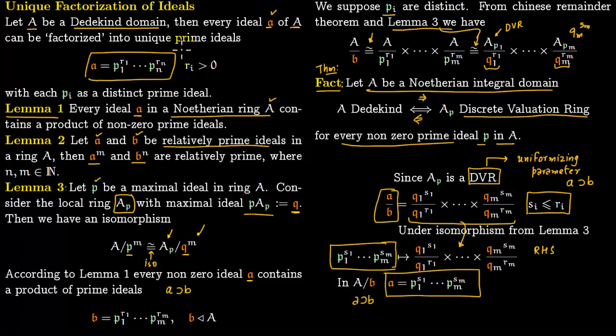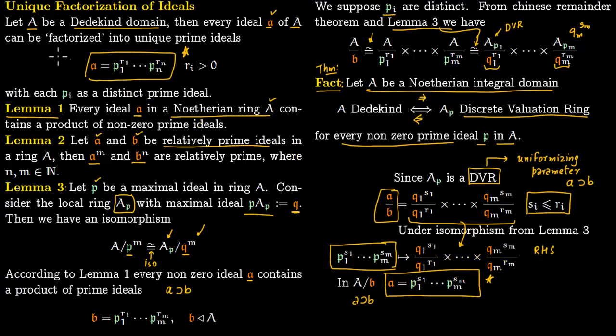This is just a general product, but we have been able to show that every ideal A will split like this. We could have taken this product as P1 to Pn and then S1 to Sn, and then just changed R and S to get this thing right here. Now we have to show the uniqueness.